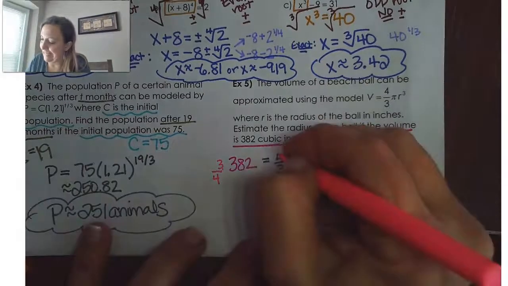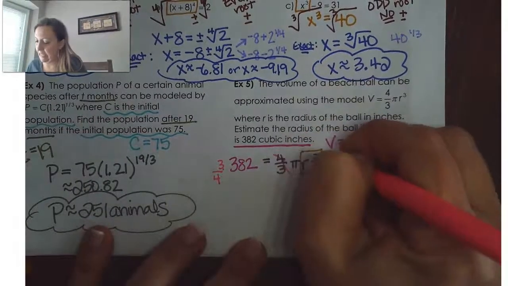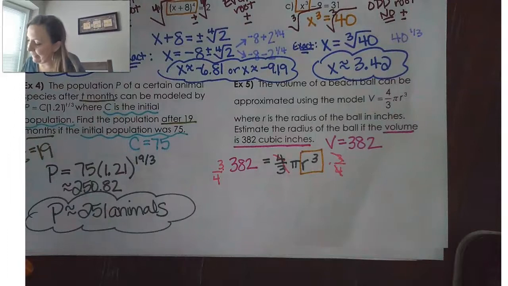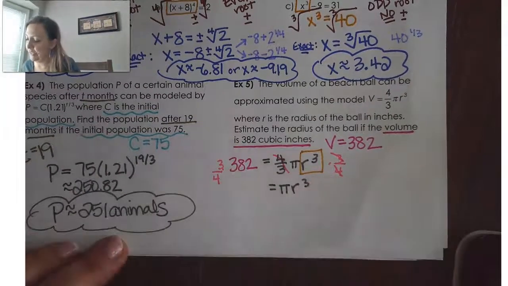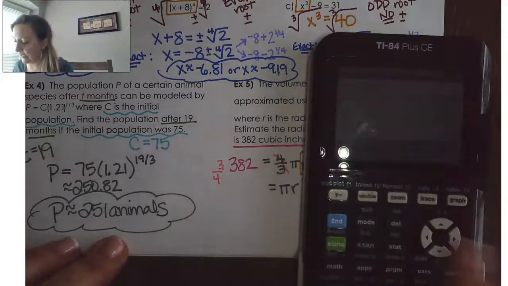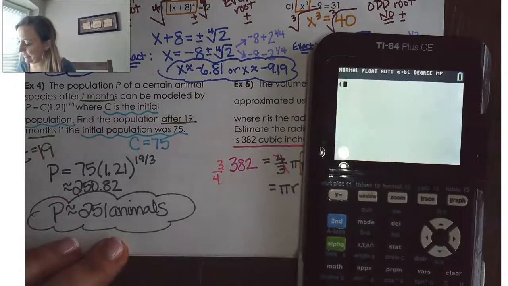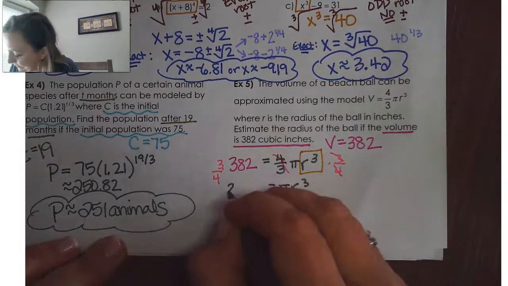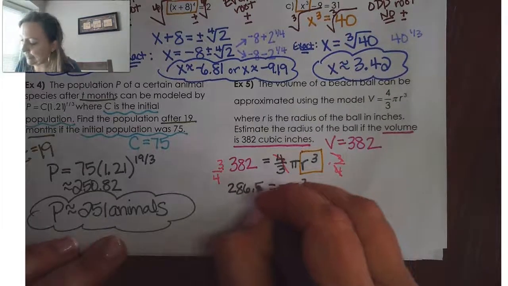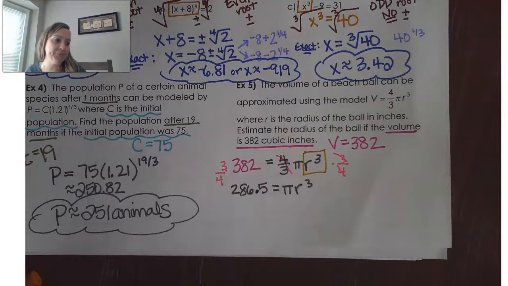That cancels these, and that gives me on this side pi r cubed. Dividing by 4 usually isn't too bad. If I take 3/4 times 382, that gives me 286.5. So a terminating decimal, I like that.